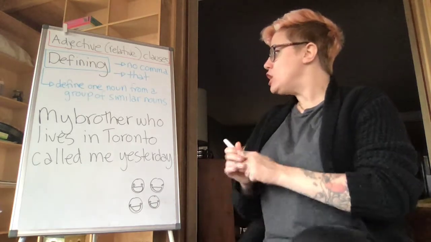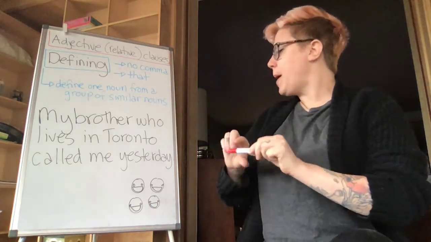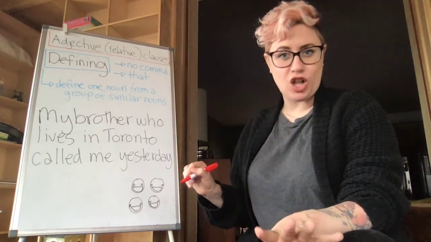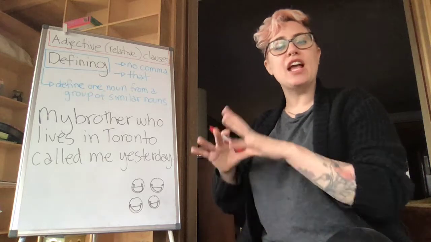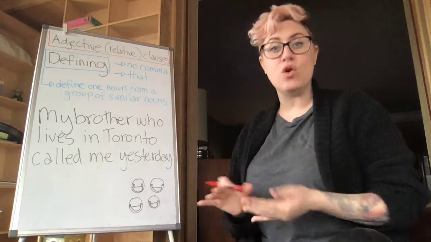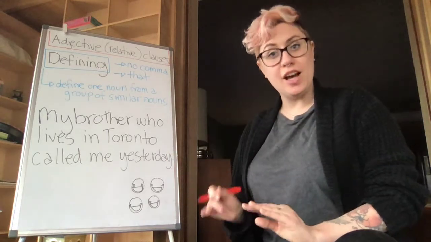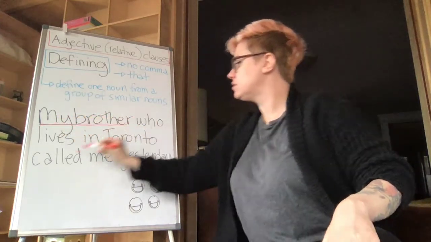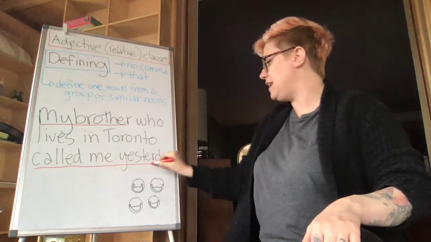Okay. So, we're going to identify the independent clause. This is the clause that could live by itself or be a complete unit of meaning. And that is, my brother called me yesterday.